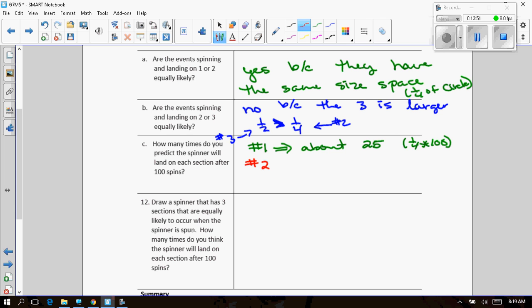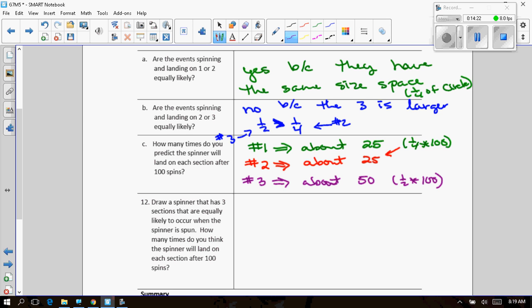The number 2 is the same size as 1, so I would imagine it would be about 25 again, because it's 1/4 of that size. But what about the number 3? I think the number 3 is going to happen about half the time, because it's about half of the circle. So I would imagine it would be around 50, because it's half of the 100 times I'm going to spin it. That's just what I predict. I don't know for sure.